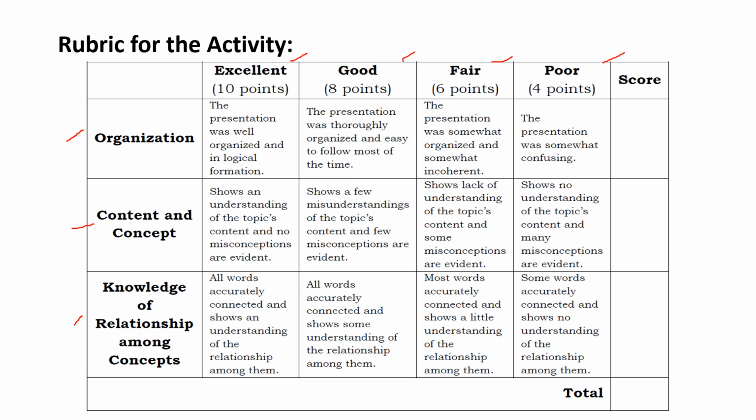So here, as you can see, in every description, there is an equivalent point that we can add after, once we get the total points, then we can make an idea what will be your grade in dealing with this activity that represents a concept mapping about your fair market value.